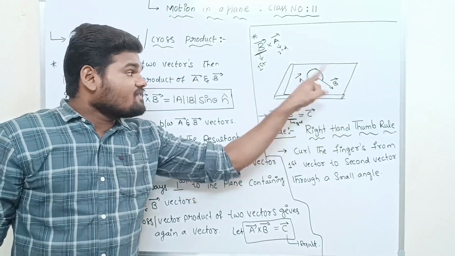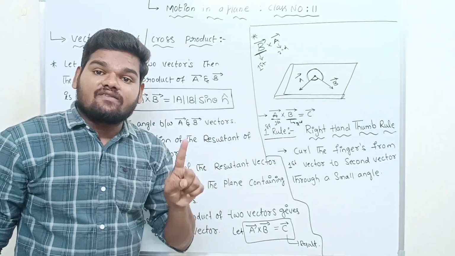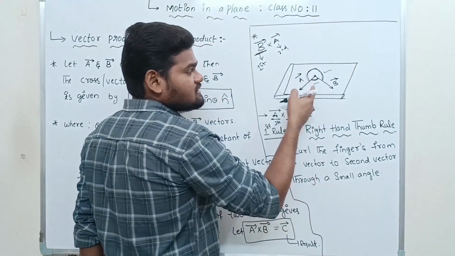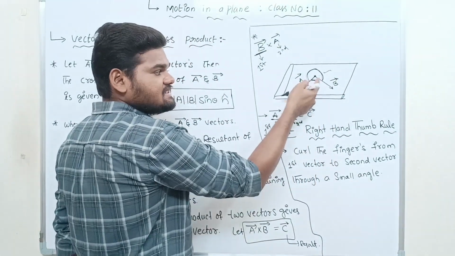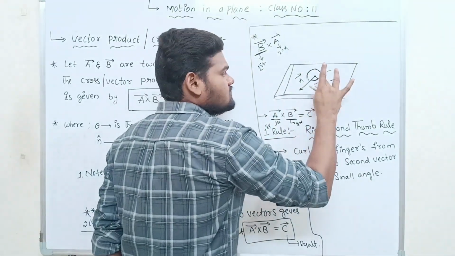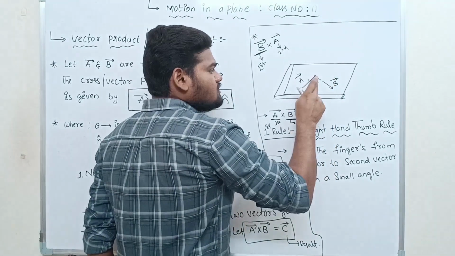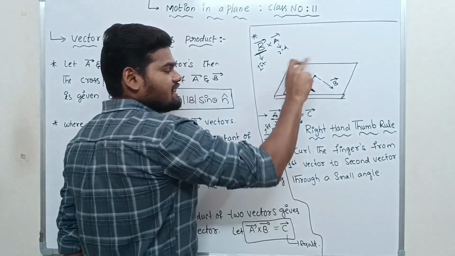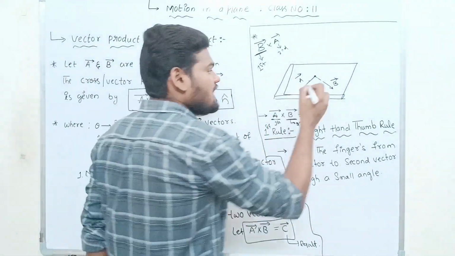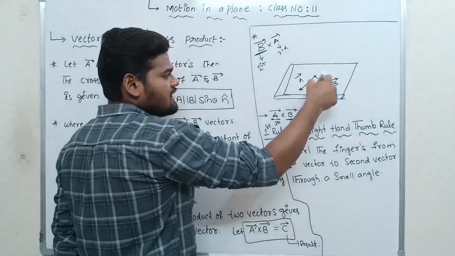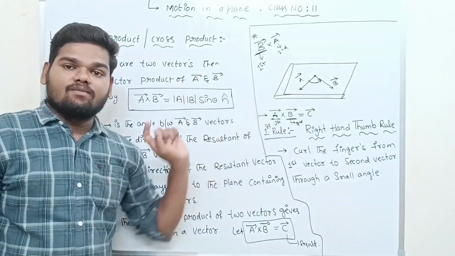So what we have to do is curl our fingers through the small angle. In between these two angles, the smallest angle is this one. Now we have to curl our fingers from the a bar to the b bar vector, that means first vector to second vector, through the small angle between a bar and b bar.